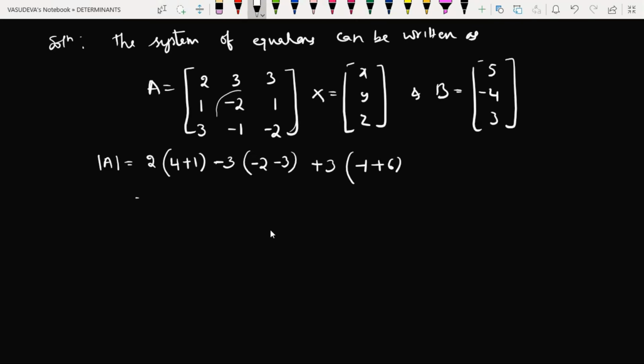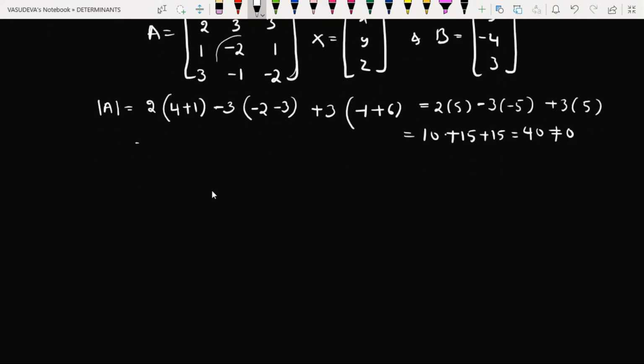So this is equal to 2 into 5 minus 3 into minus 5 plus 3 into minus 1 plus 6 is 5. That is 10 minus into 3, that is plus 15, plus 15. So 15, 15 plus 30 plus 10, 40, not equal to 0.